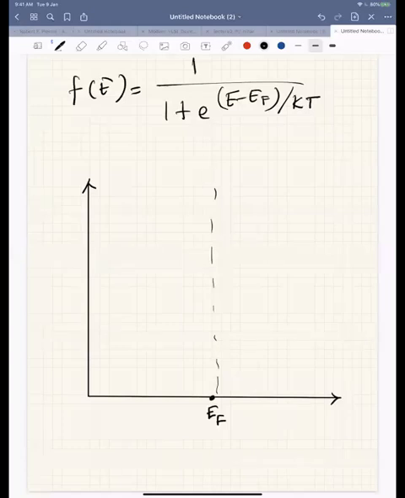Consider absolute zero temperature, T equal to 0 Kelvin. If E is greater than EF or E is less than EF, don't think about what that reference energy is, but let's say your energy is more than EF or less than EF.